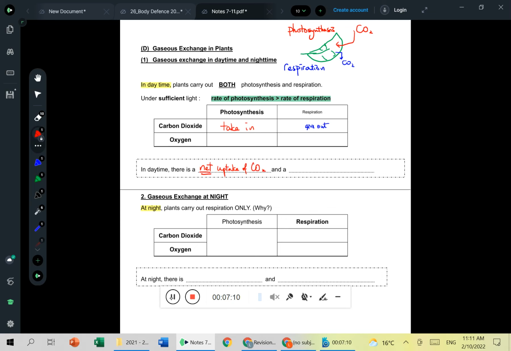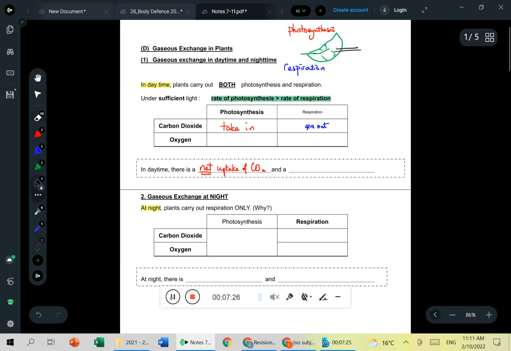Because I considered both processes, and eventually when I get to the conclusion, it means that the plant will take in CO2. Okay?